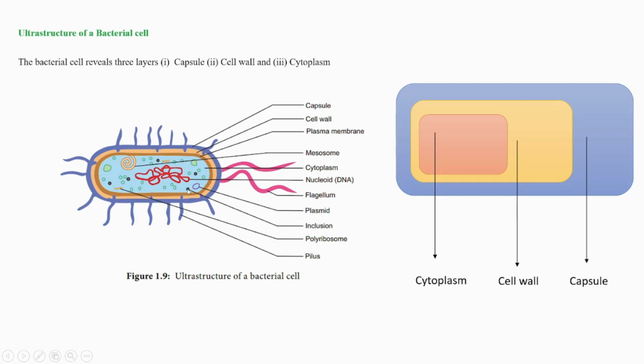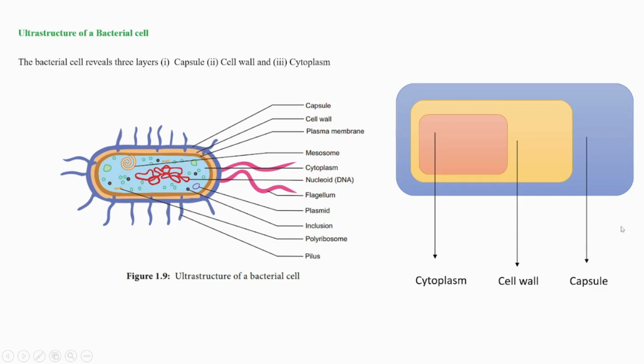Inclusion bodies play a very important role in helping bacteria survive under different conditions. Polyribosomes: there are different types of ribosomes present in the bacterial cell. And you can see the pilus or pili, which help in the movement and attachment of bacteria to any surface.